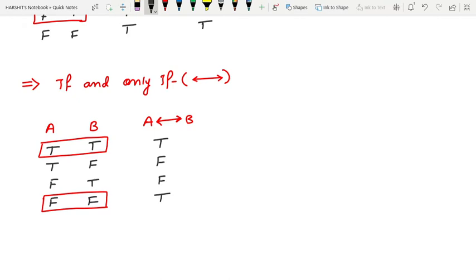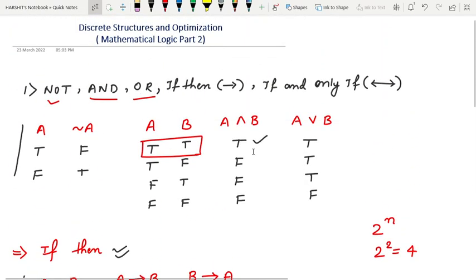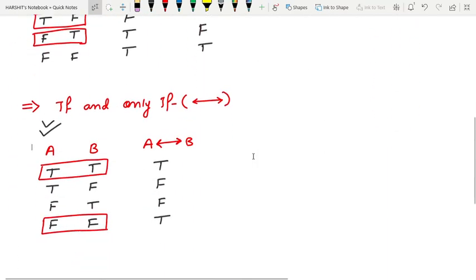So if the inputs are same, then the output will be true, and if the inputs are different, then the output will be false. This is how if and only if works. So we have understood these logical connectives not, and, or, if then, and if and only if.